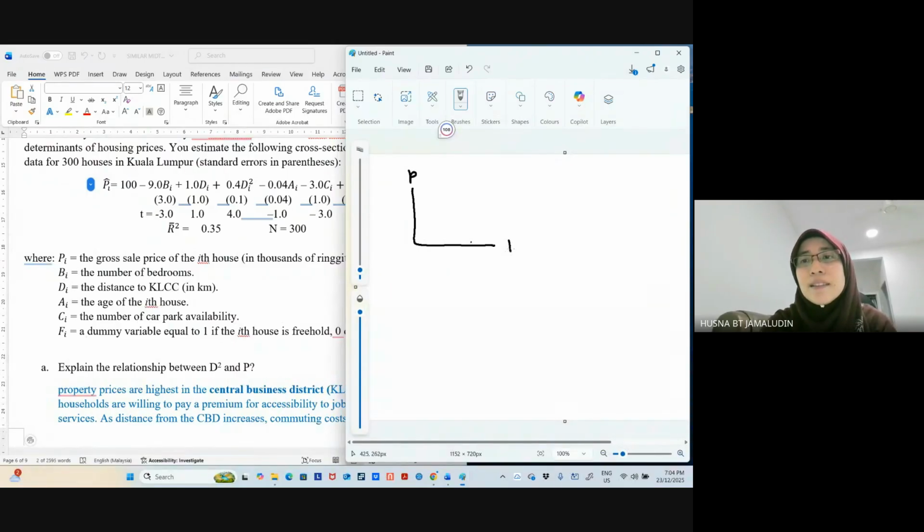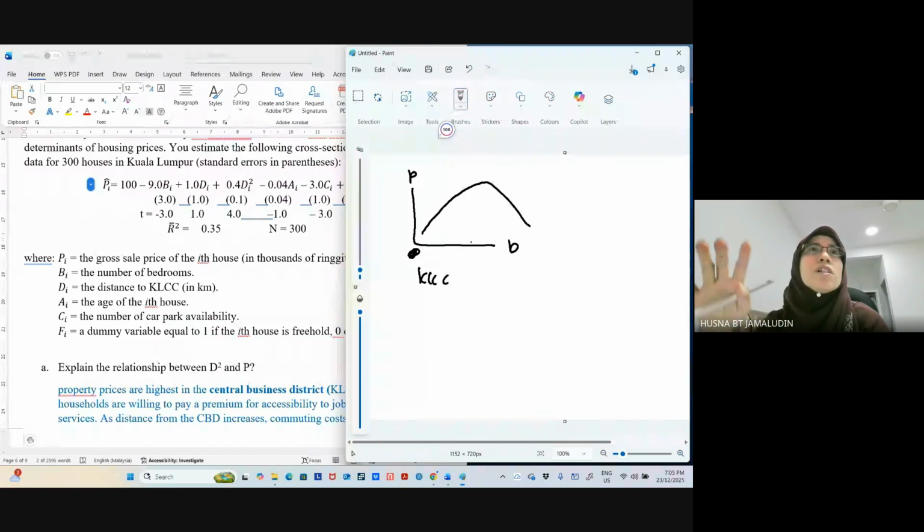This is the price, this is the distance. So you can have an increase in distance, increase in price, and after a certain point, the higher the distance, the lower the price. For example, KLCC. When this is 0, when your house is at 0 distance, somehow in the KLCC area, you have all the traffic, all the noise pollution, it is very congested.